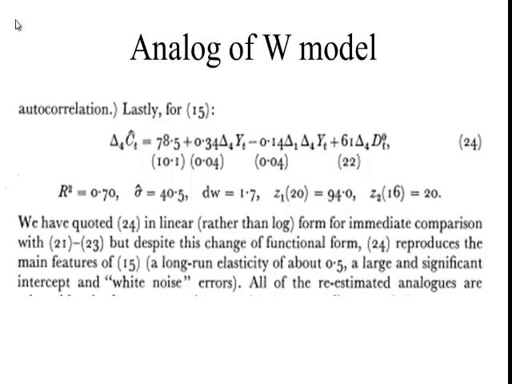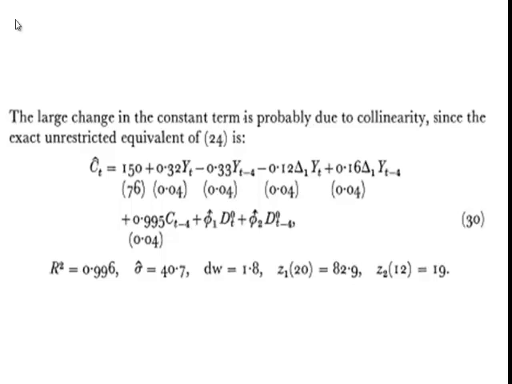So the restricted models versus the unrestricted model. Okay, so now we go here. You look at this model: 0.32 yt minus 0.33 yt minus 4. This shows that the restriction is good. The two numbers are almost the same and opposite. So we are not rejecting the restriction. If we take this as the general model, we can reduce this to the simple model in the previous one.